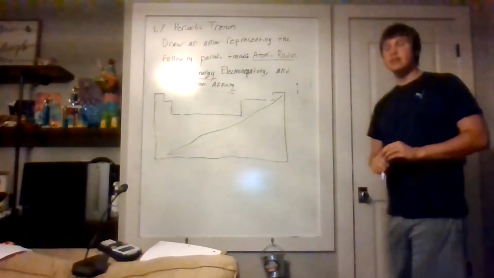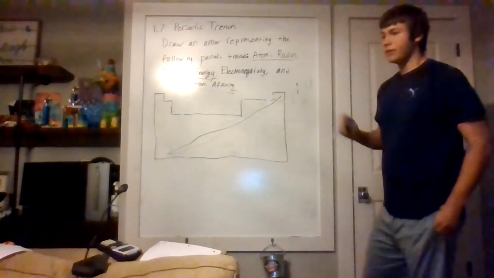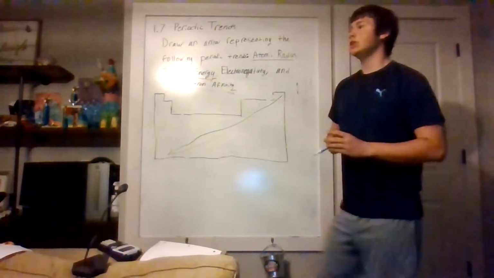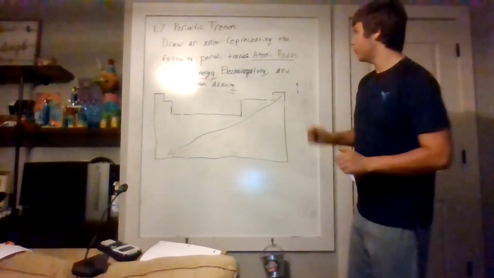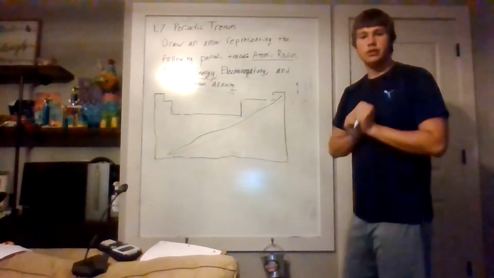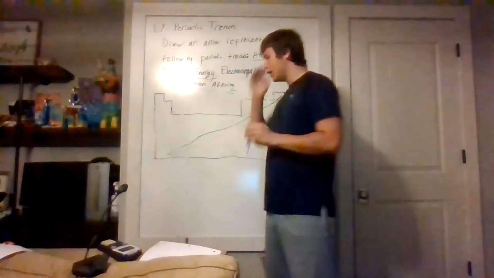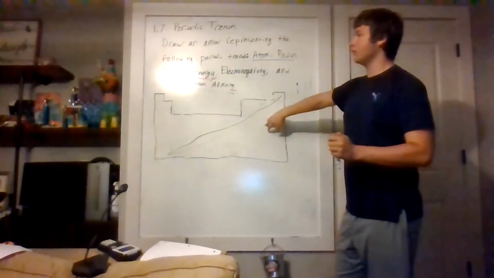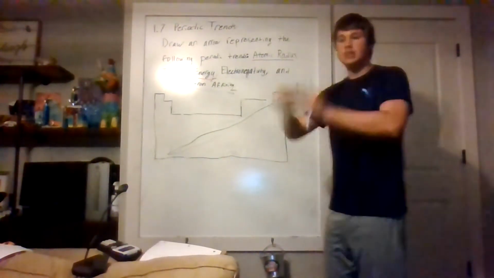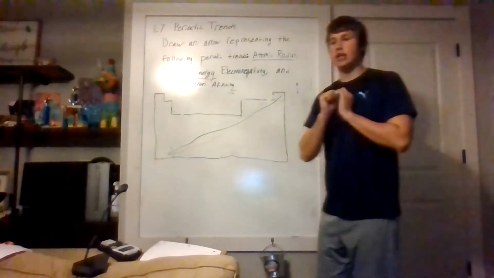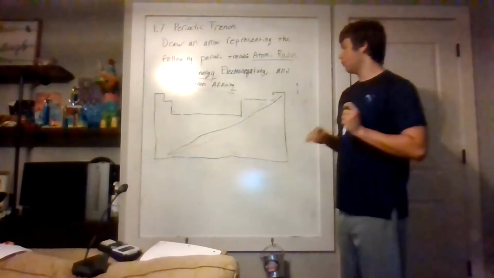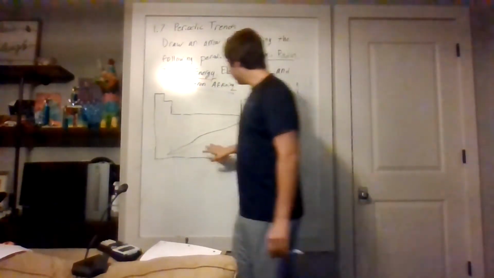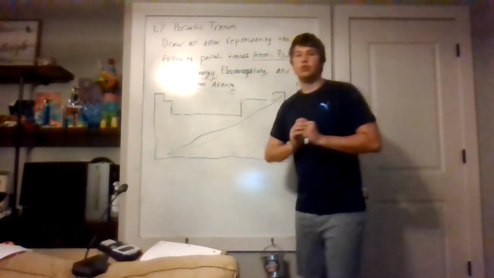For electron affinity, usually it's about how much energy is gained from an electron. For nonmetals, the gain is usually negative because they're receiving that electron. And for metals, the gain is usually positive because they're losing that electron.